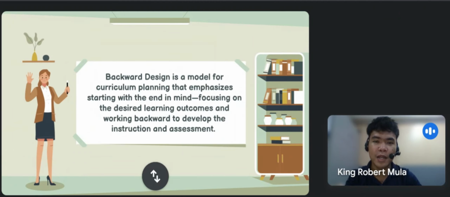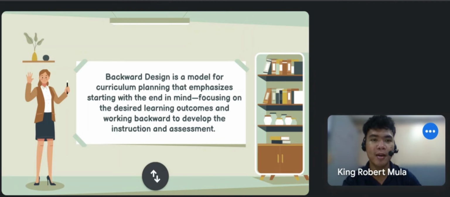In backward design, we reverse the planning process, right? This approach is not just innovative, it's purposeful because it ensures every step in the lesson leads into the desired outcome. Imagine trying to build a house without a blueprint.